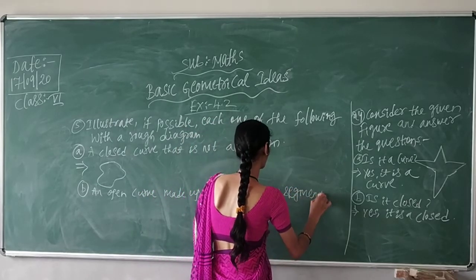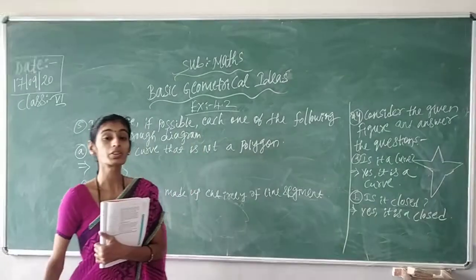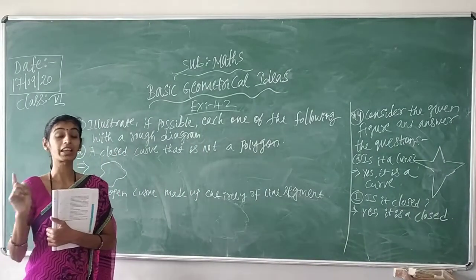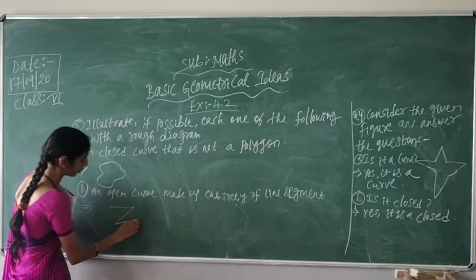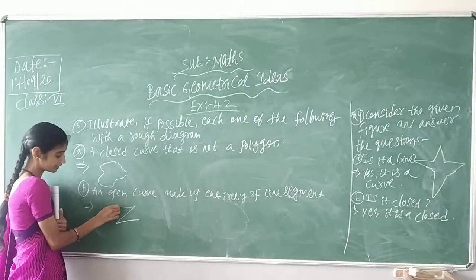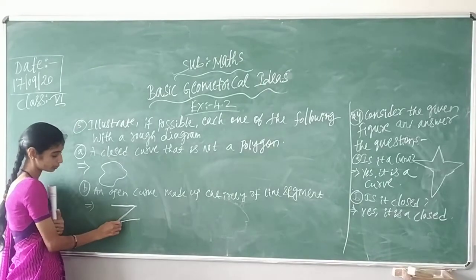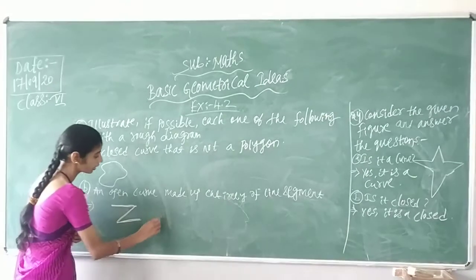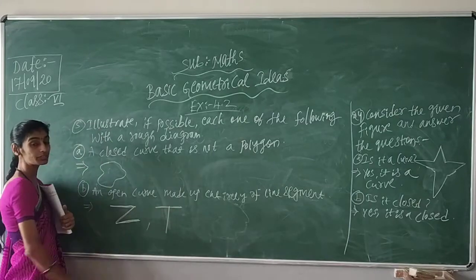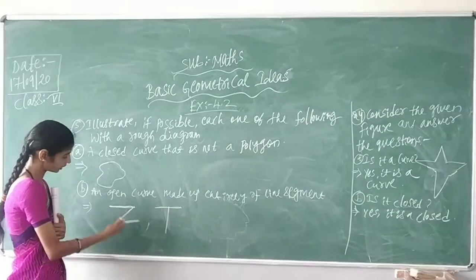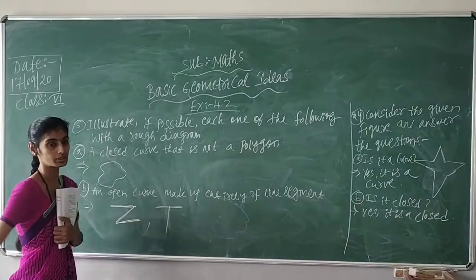So you have to draw an open curve which is made up entirely of line segments. So this is one open curve. Yes, children? This is one line segment, this is one line segment, and this is one line segment. Or you can draw this is one line and this is one line. Again, it will be an open curve. You can take this or this.